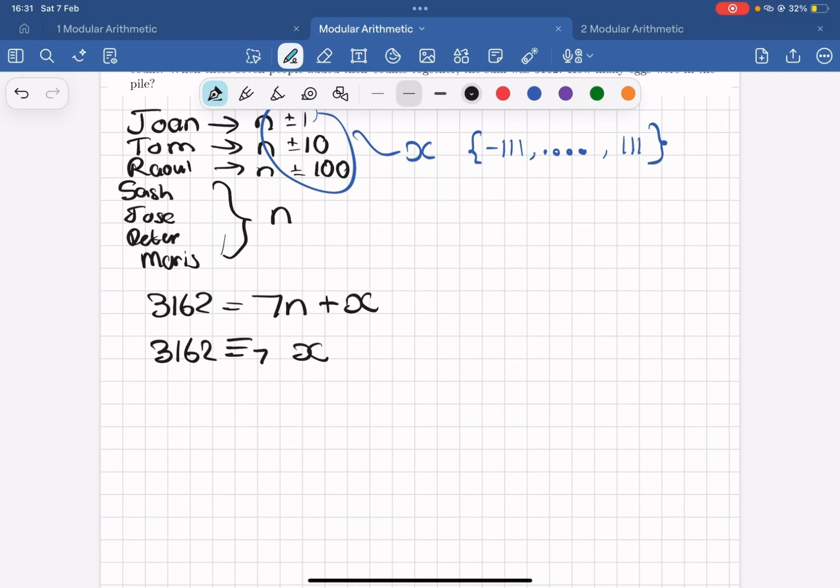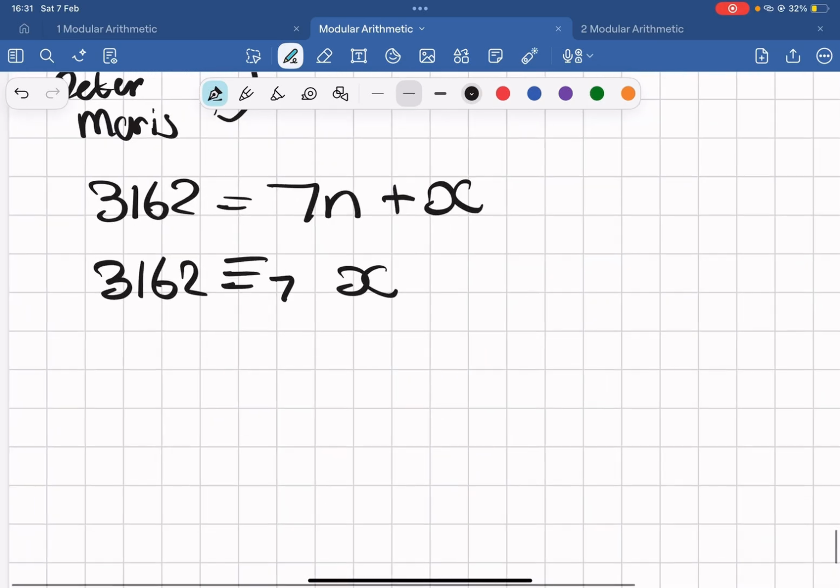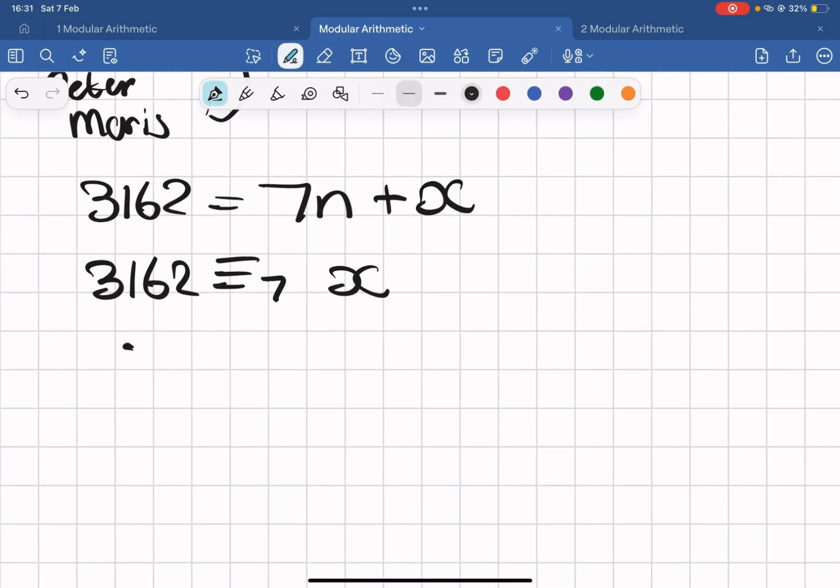Now let's try to reduce this 3,162 using mod 7. The closest multiple of 7 I know is 2,800. So 3,162 minus 2,800 is 362.